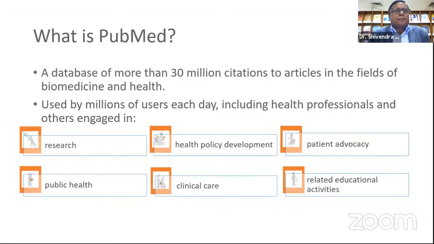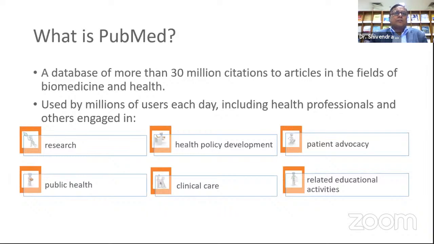So what is PubMed? PubMed is the National Library of Medicine's free database of more than 30 million citations to journal articles in the field of biomedical and health sciences, with a focus on collecting original scientific research. It is used by around 2.5 million users per day, including clinicians, researchers, students, and others from a variety of fields who need access to health science research.